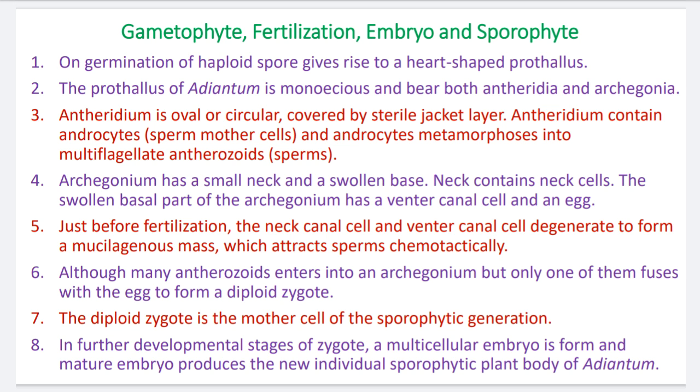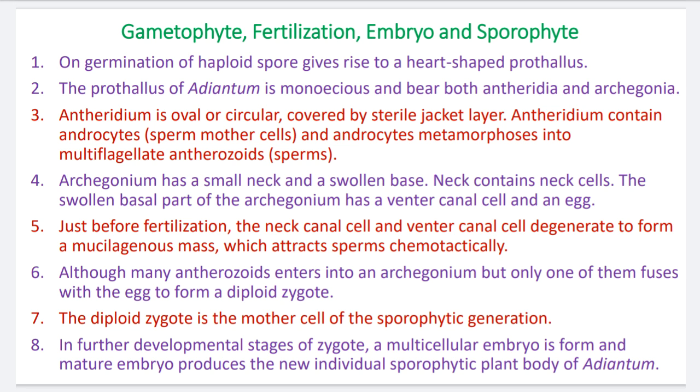Number 3, the antheridium is oval. Oval means egg-like or circular. The structure of the antheridium is oval or circular, covered by a sterile jacket layer. Antheridium contains androcytes. The antheridium is always made by the androcytes. They are called androgonal cells or sperm mother cells.